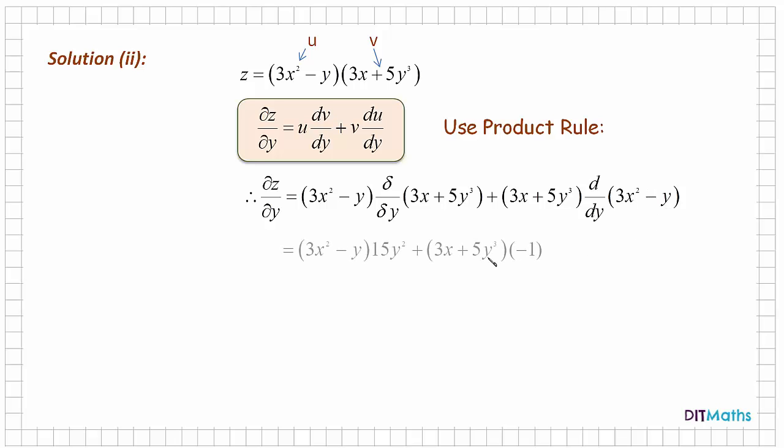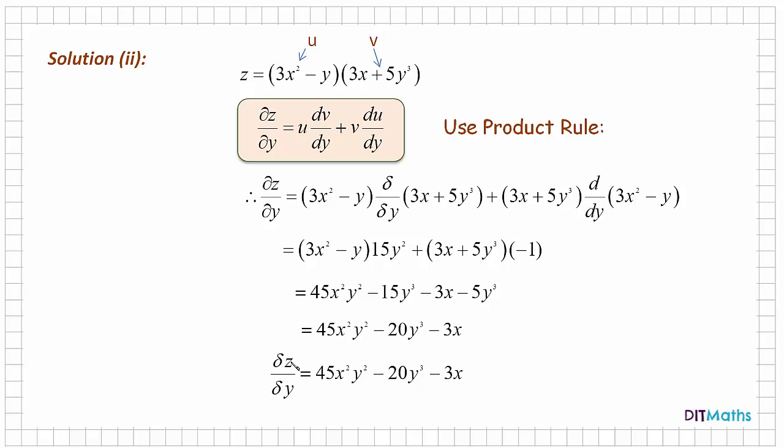So if we substitute these values, and if we expand, we get the following expression, and adding minus 15y cubed and minus 5y cubed gives the following expression. So the first order partial derivative dz dy is given as 45x squared y squared minus 20y cubed minus 3x.